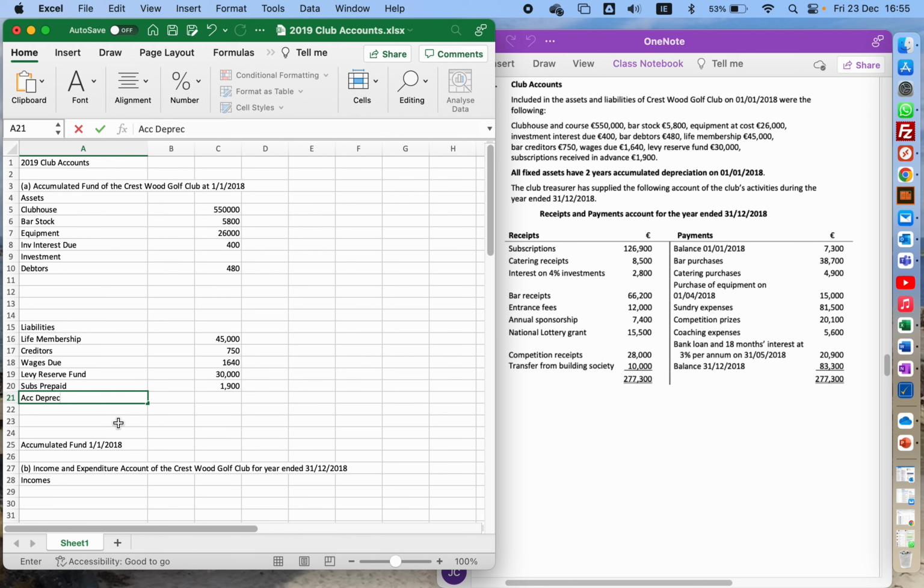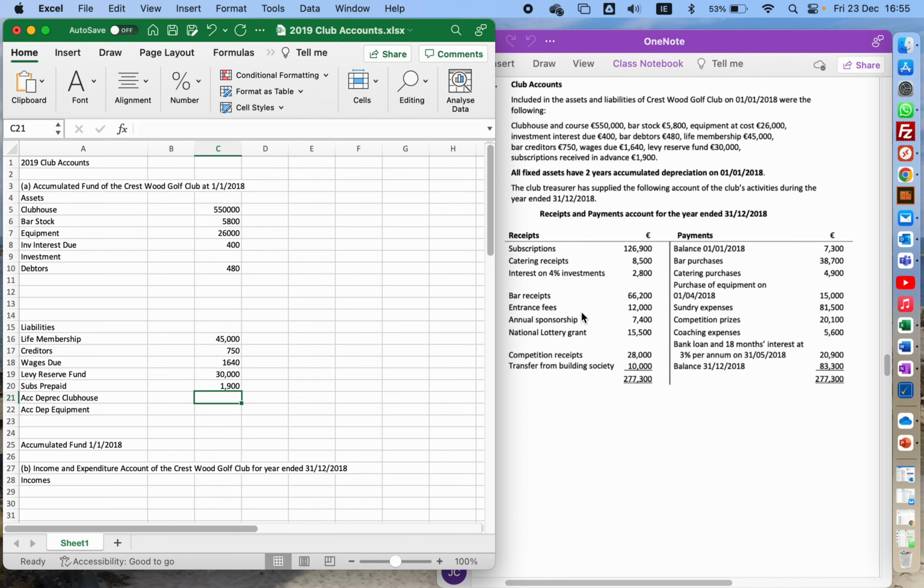So we've got Clubhouse and we've got equipment. Somewhere when we read down through the question, probably down the bottom of the question, it will give us the numbers for that. We'll put those numbers in as well.